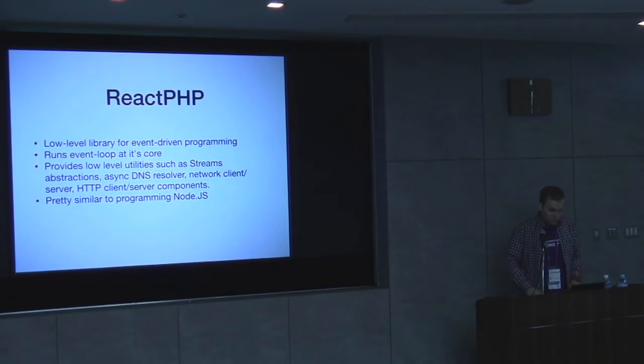So ReactPHP is typically a low-level library for event-driven programming. Like I said, the event loop provides low-level utilities like streams, abstractions, and using DNS servers, which is where the majority of the time goes in our systems. For example, when calling some API, the majority of the time your request takes is getting the address of the server you need to connect to. There are network clients, servers, HTTP clients, HTTP servers, and components.